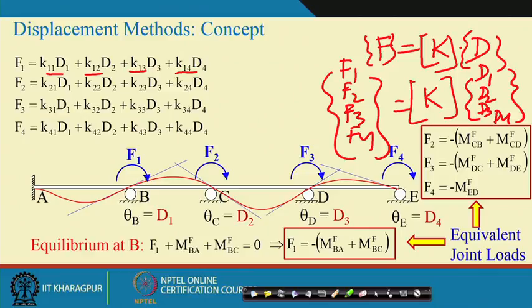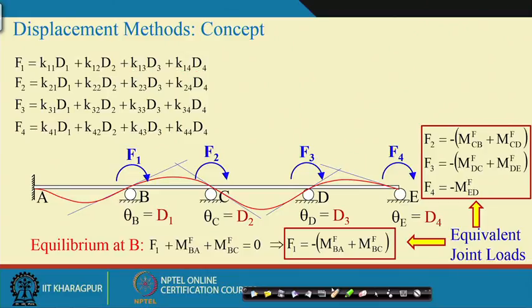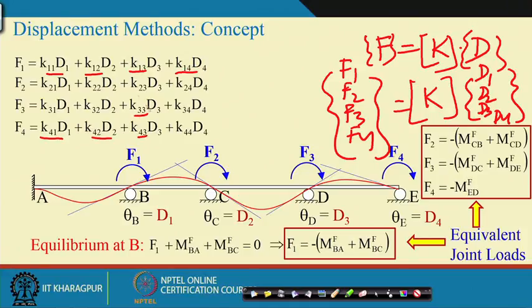D1, D2, D3, D4 are the displacements or rotations, and K11, K12 and all these are the elements of this stiffness matrix K.